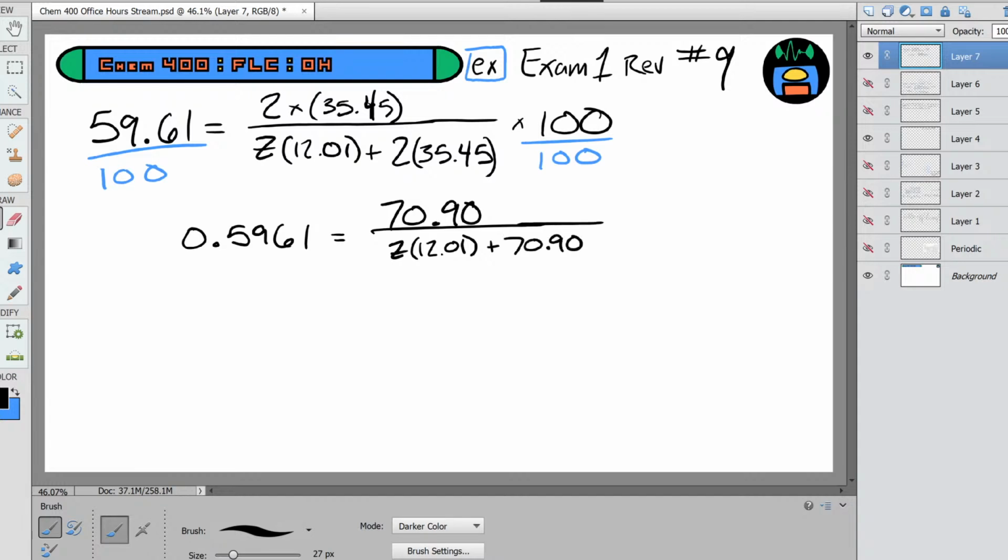All right, now we need to solve for Z, so we need to multiply both sides of this equation by our denominator, Z times 12.01 plus 70.90. And we're doing this to both sides. So that denominator cancels.